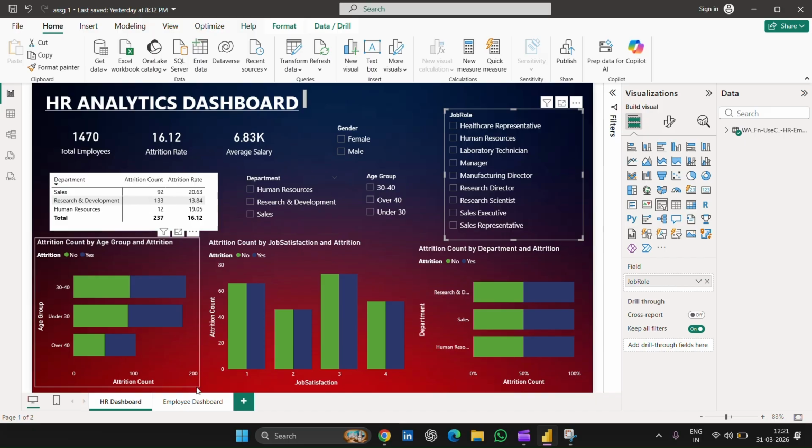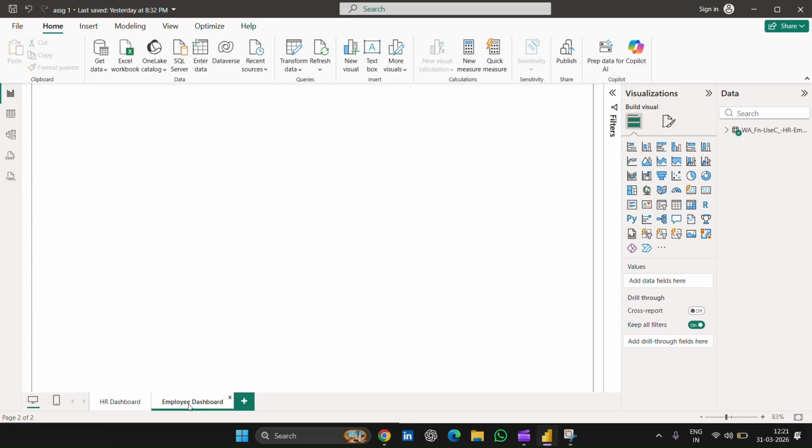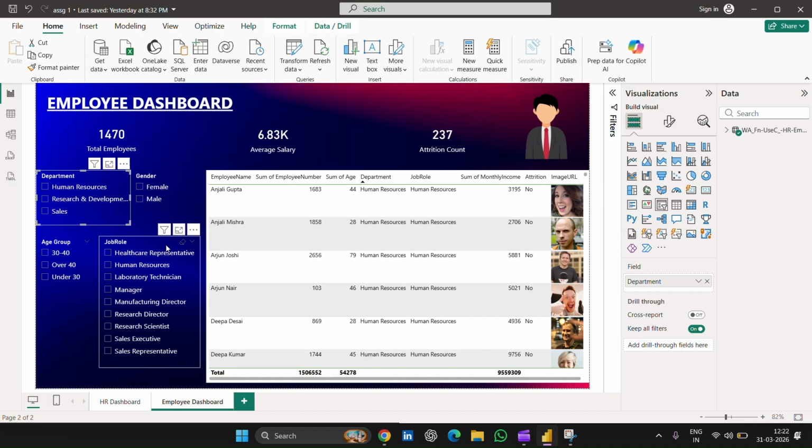Then, moving on to the next dashboard, that is the employee dashboard. Now I will explain the employee dashboard, which provides detailed record-level analysis. At the top, same as the HR dashboard, I have taken total employees, average salary and attrition count of the employees. And I have taken filter panels like department, gender, age group, and job role, same as the HR dashboard.